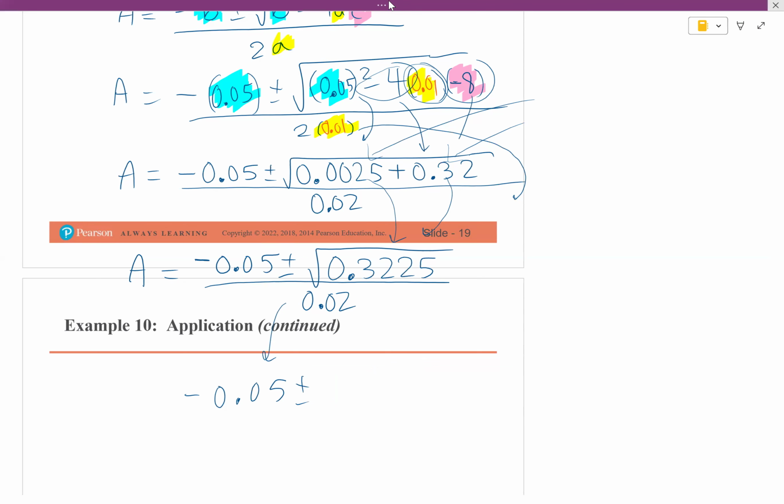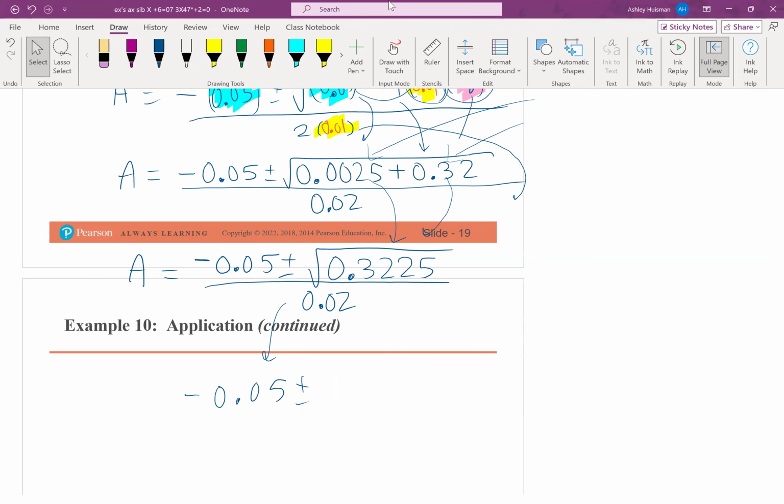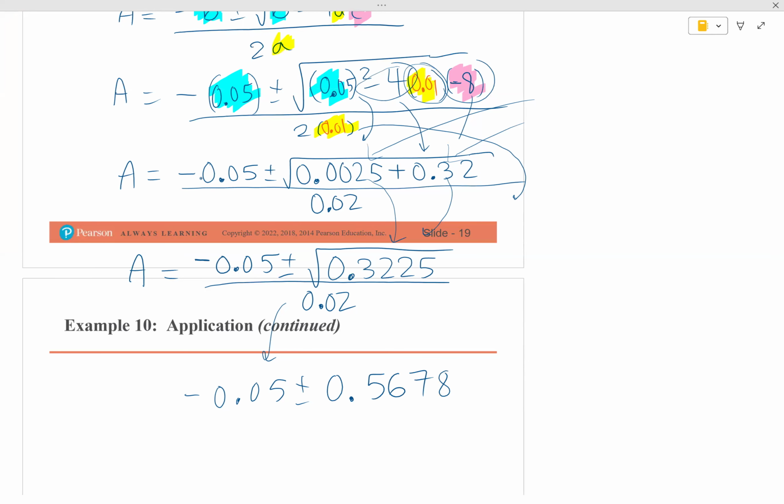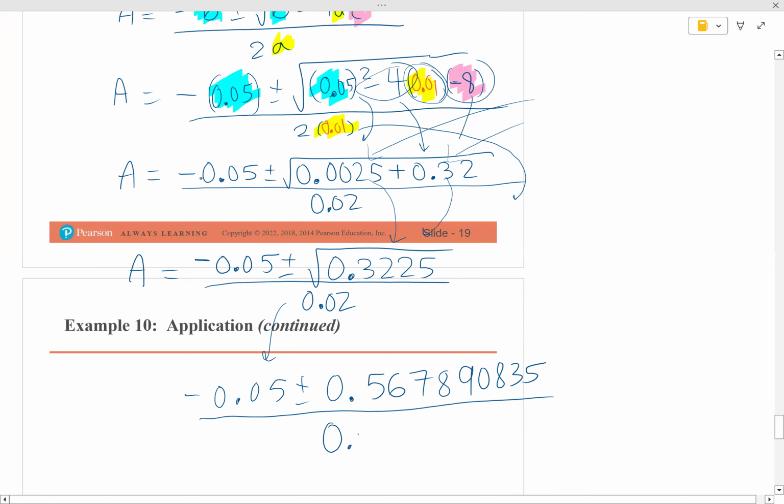If they want to know about what age is a woman whose normal blood pressure is such and such, they don't need the exact day of the year, they just need, she's about this many years old. The square root of 0.3225 is about 0.5, depending on where you want to round. I think it's best to keep as many decimal places of accuracy as possible until you're all the way done, over 0.02.